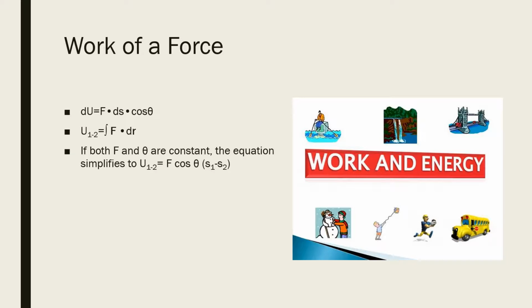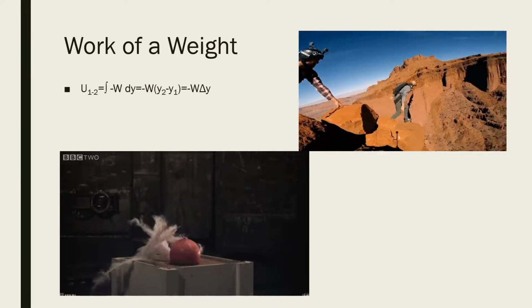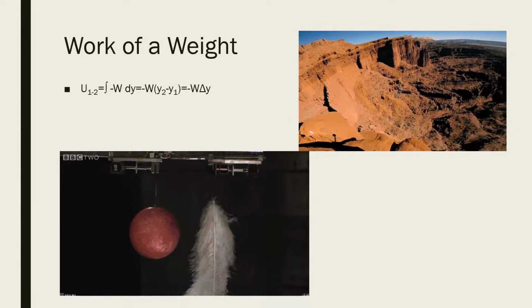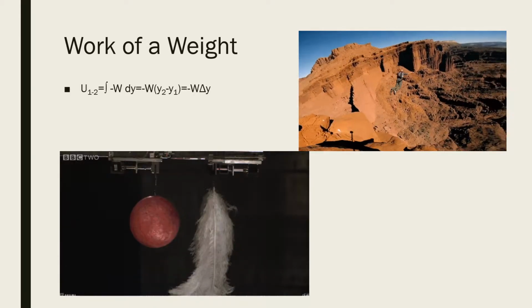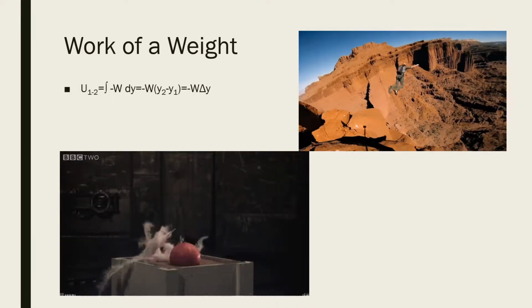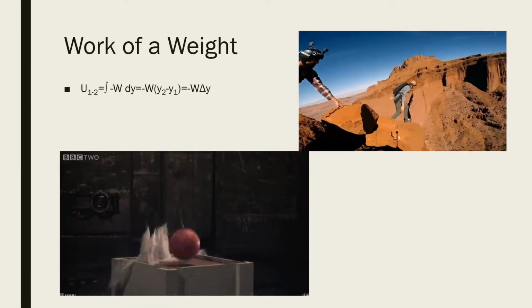Let's look more closely at different applications of work. First, the work done by gravity is defined as the negative mass times the acceleration due to gravity times the change in the vertical distance, assuming a particle starts from a higher position and falls lower.